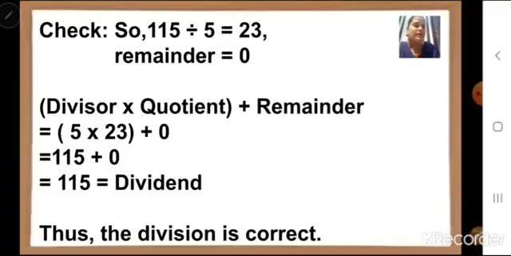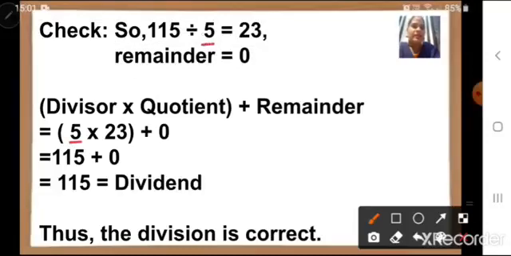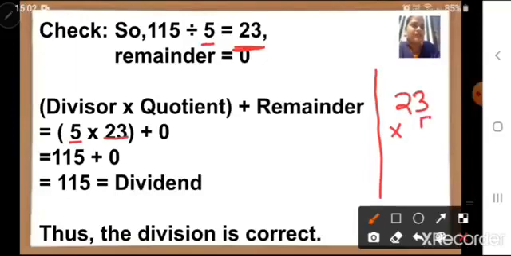Divisor is number 5, correct? Then the quotient or the answer is number 23. Then put the bracket, plus 0, because the remainder we got is 0. Then we have to multiply 5 into 23. Children, we will do it here, right? 23 into 5.